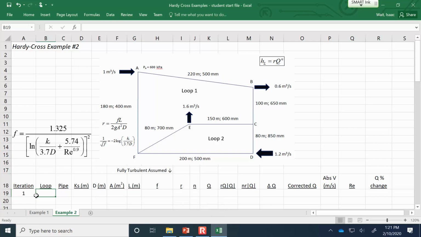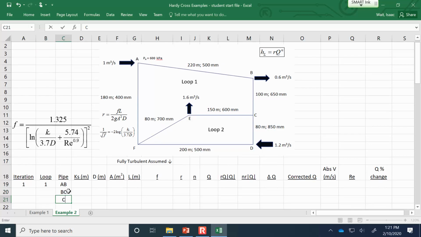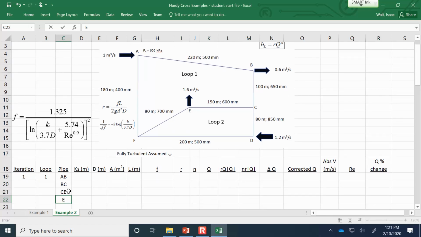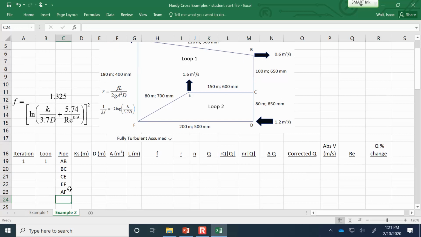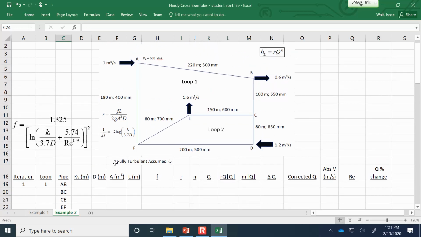All right, so iteration 1, loop 1, we're going to have pipe AB, pipe BC, CE, EF, and AF. So this is a relatively complicated pipe network. We've got 5 pipes that are in loop 1.